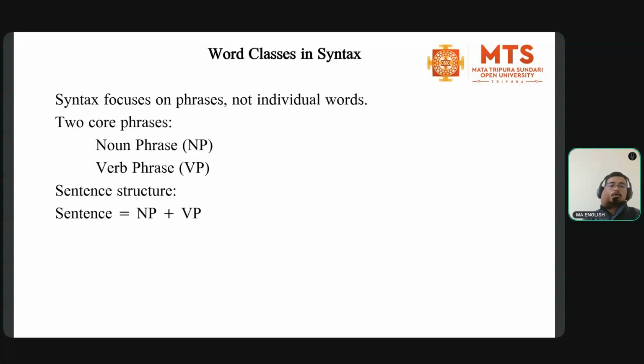It focuses on how words function together. Once you understand noun phrases and verb phrases clearly, sentence analysis becomes so much easier. So these two phrases form the backbone of English sentence structure. Okay.